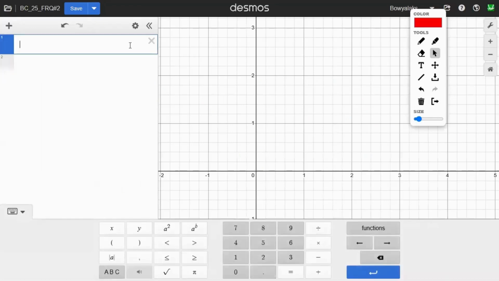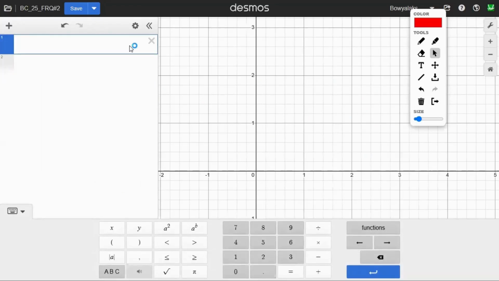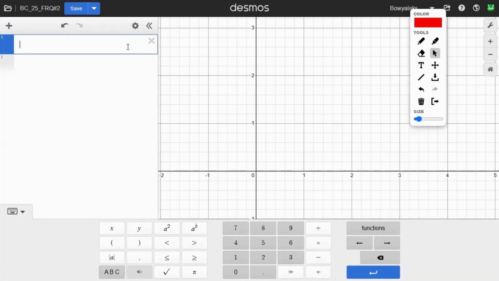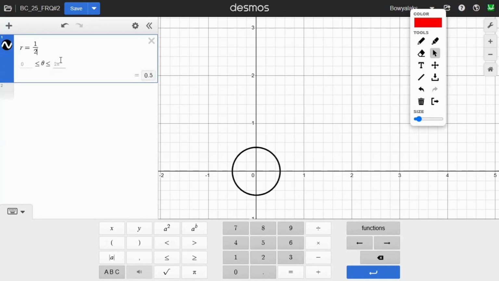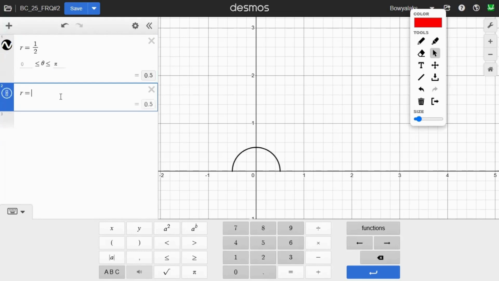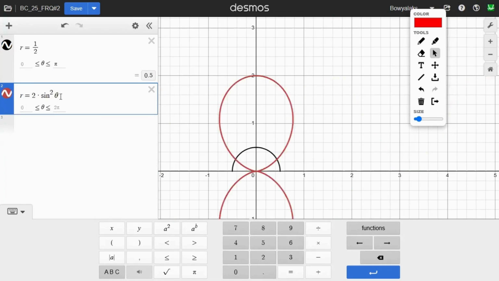Okay, here we go. What are the two curves we are working on? r is equal to half, and we are working from 0 to pi only, so just type pi, and r is equal to 2 times sine square theta. These are the two curves we are working with.